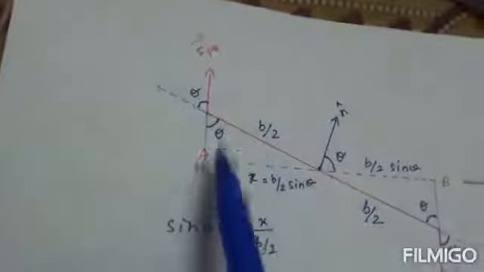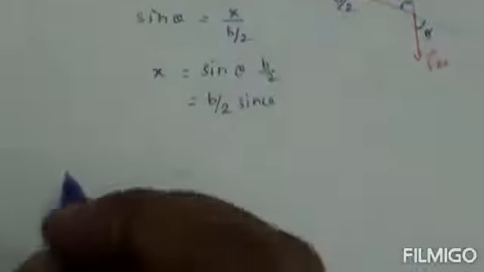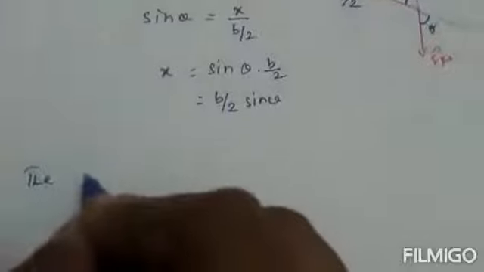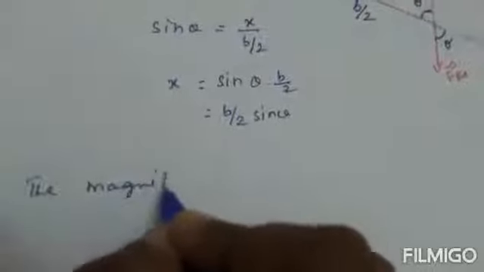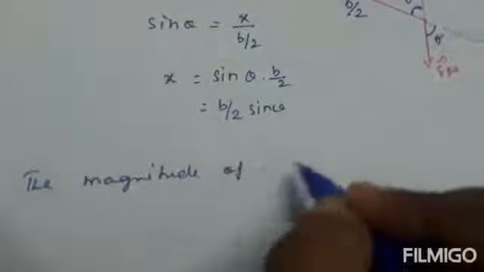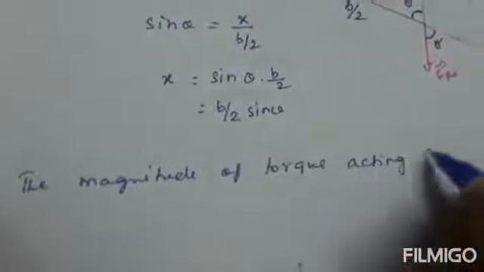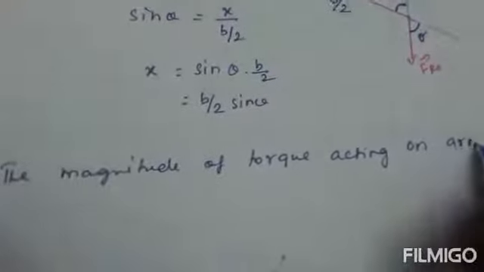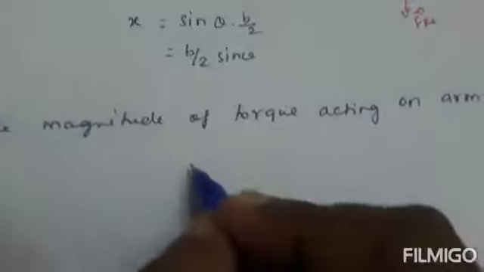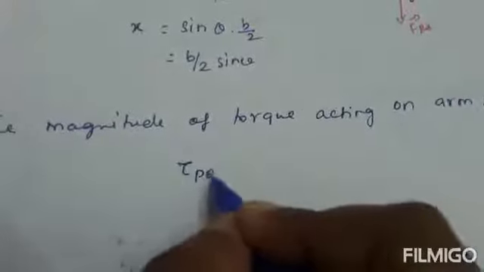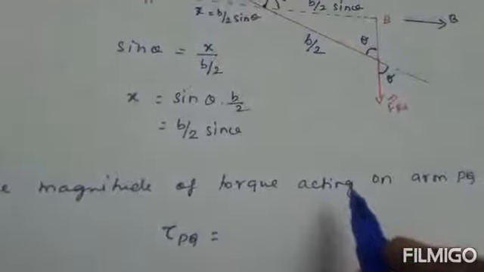We can write the magnitude of torque acting on the arm PQ. Torque is given by the letter tau. Tau PQ is equal to force into perpendicular distance. What is the force?